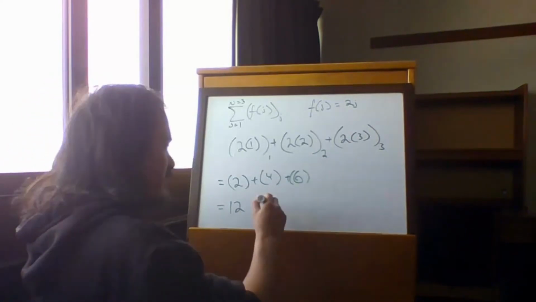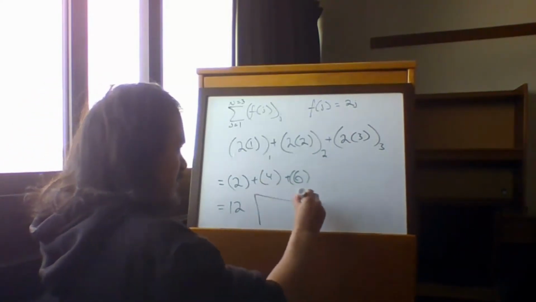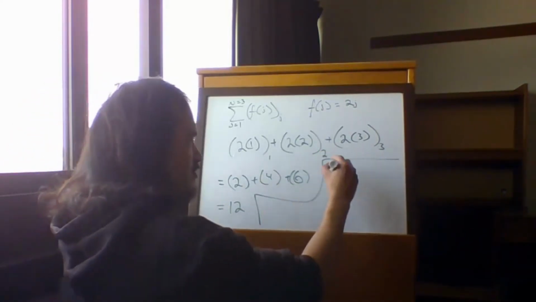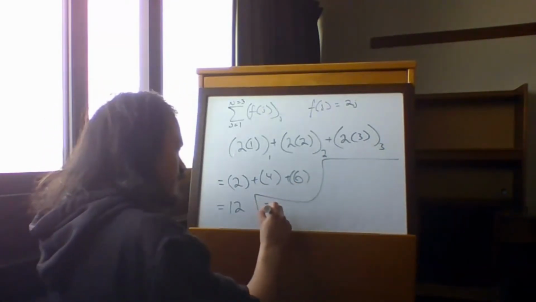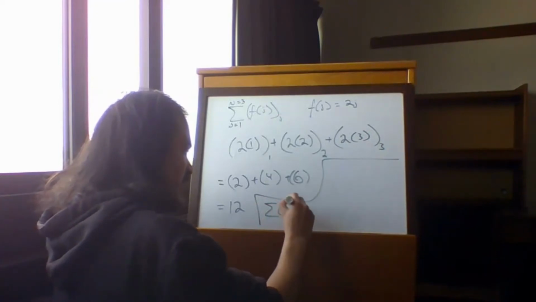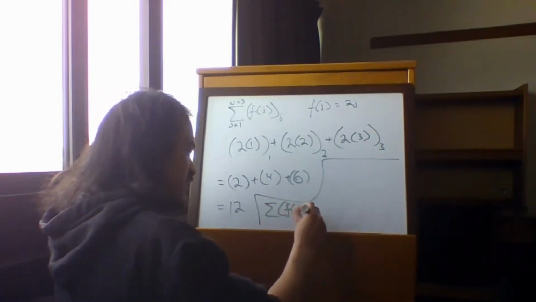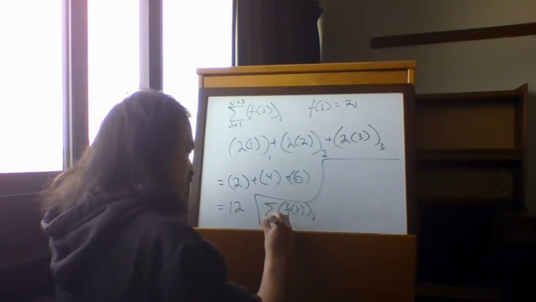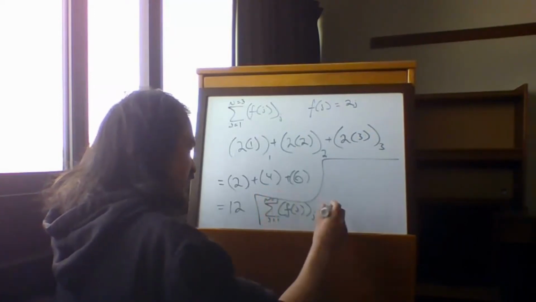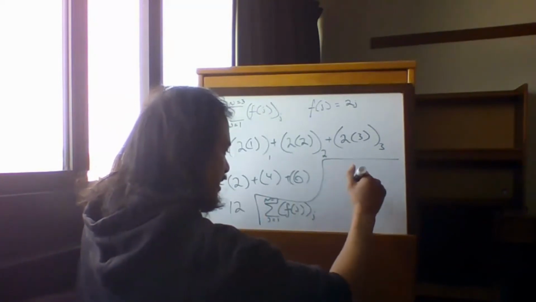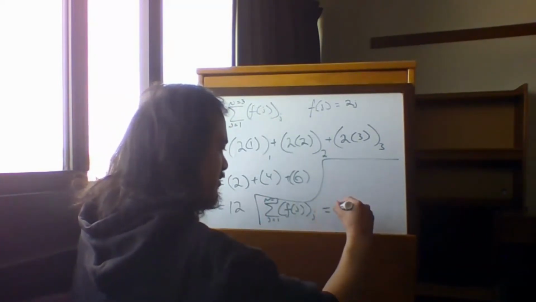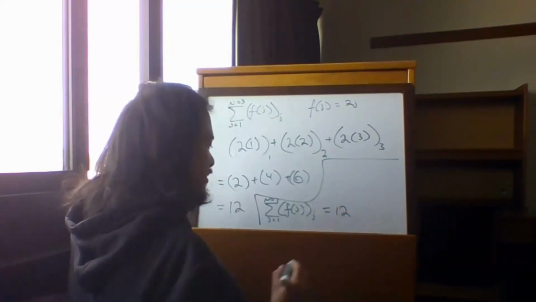So we can even rewrite this as the sum of f of j, j equals 1, n equals 3, where n is all equal to 12, right?